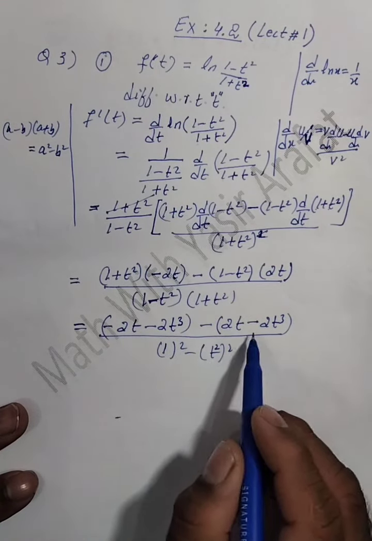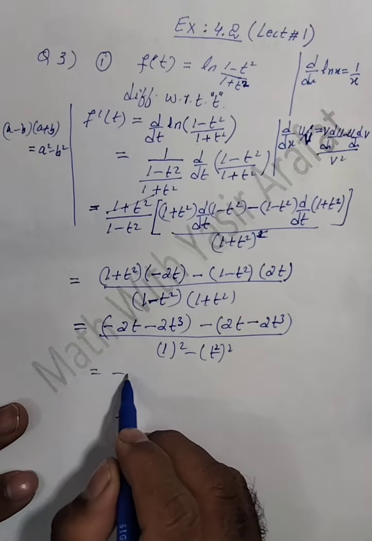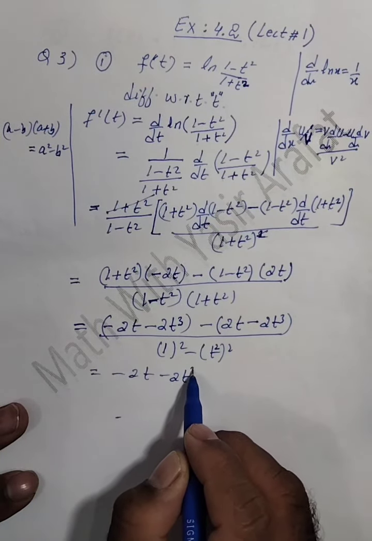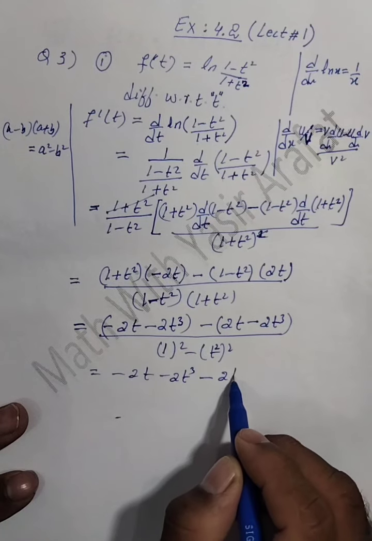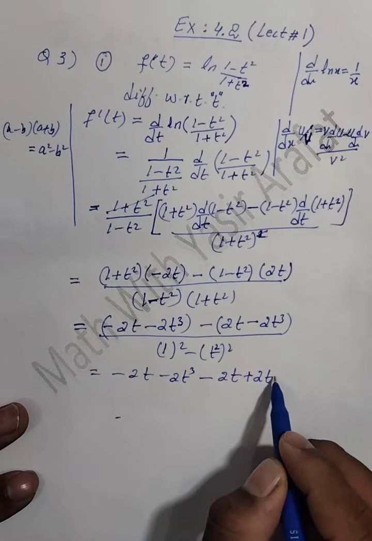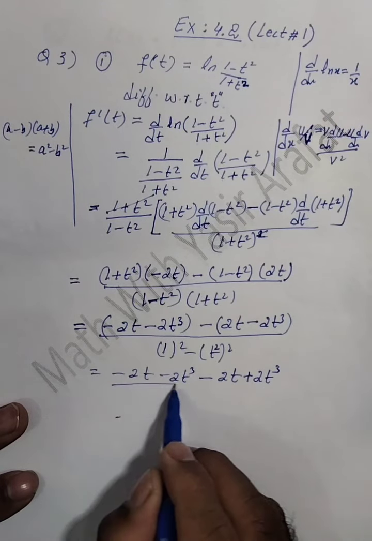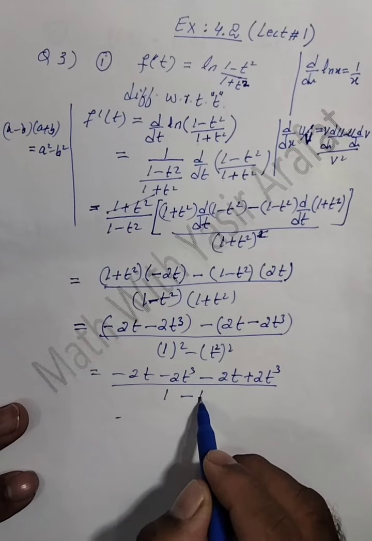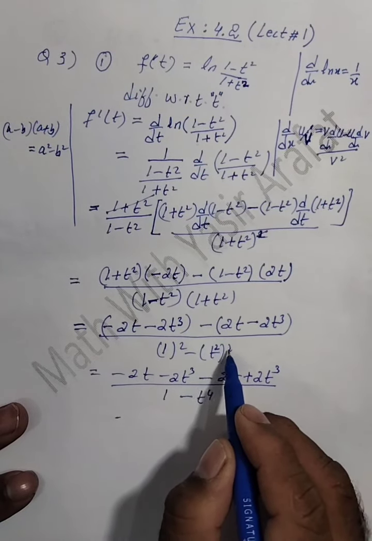Now open the bracket with a negative sign in the numerator. So this is minus 2t minus 2t cube, minus 2t, minus minus plus 2t cube. 1 minus: two 2s are 4, power 4. We have a double power, so it will be multiplied.